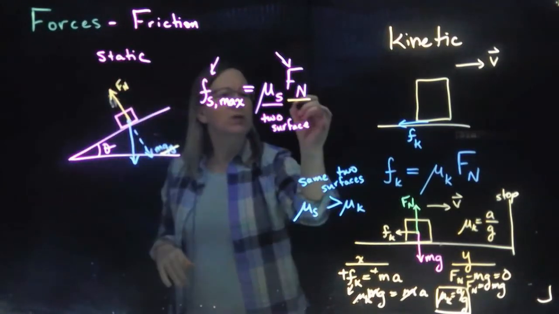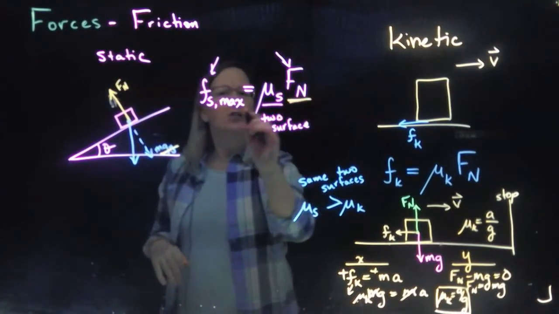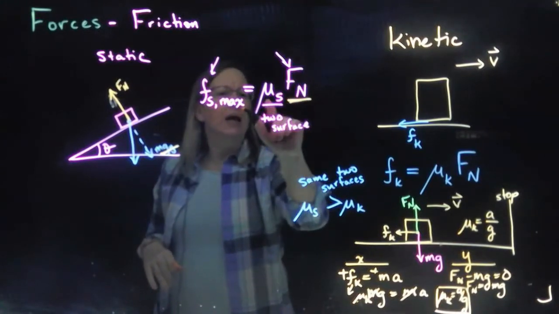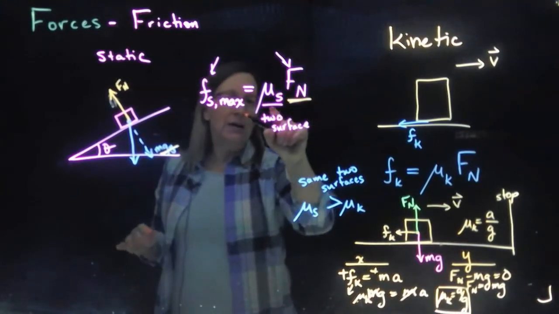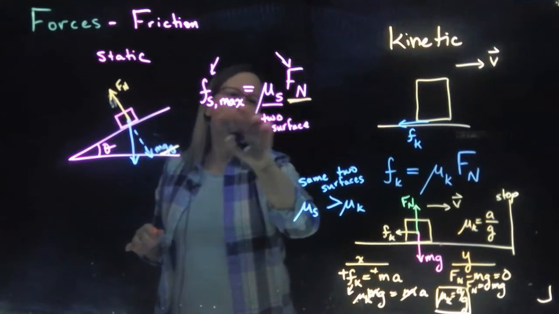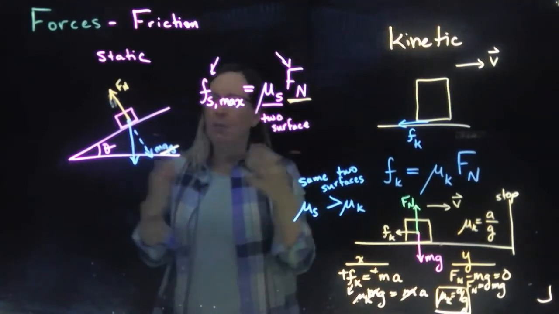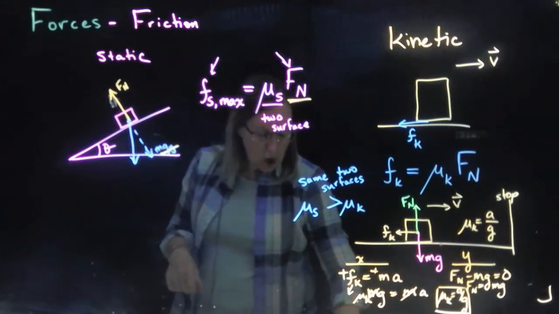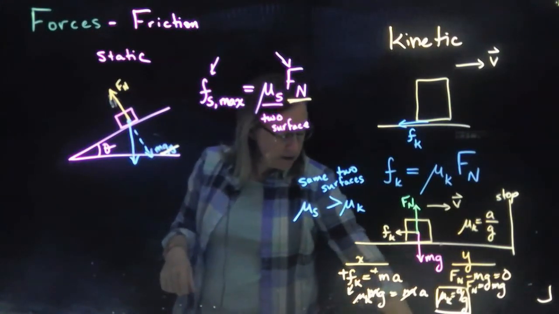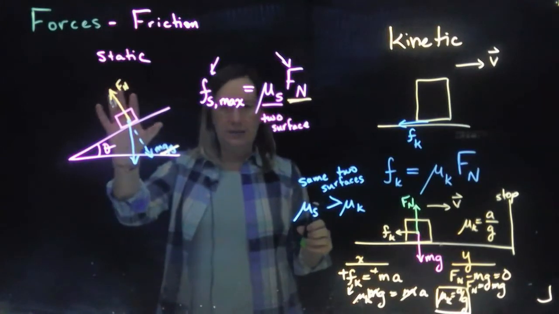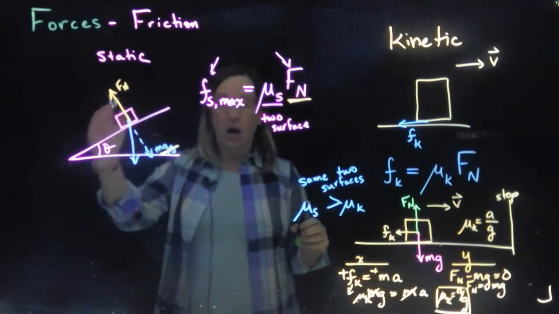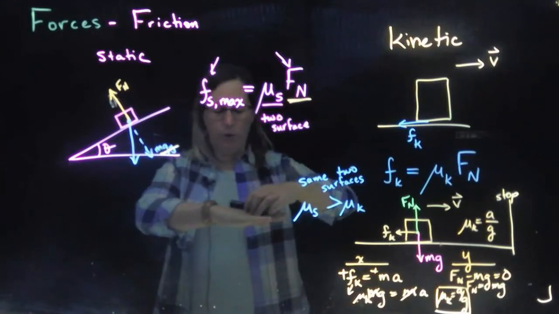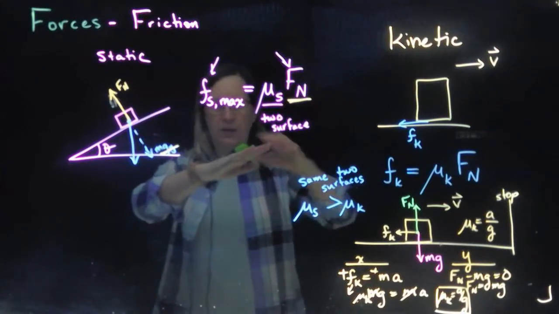So my normal force gets smaller, and so what happens is this mu s is whatever it is, so my maximum friction force is getting smaller and smaller. The amount of friction I have available to keep this in place gets smaller and smaller. If, for example, right now this is not moving, so you can think of putting something on an incline and raising it up and it doesn't slide.